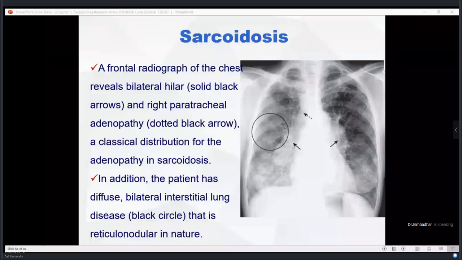See, the answer for the first patient is not sarcoidosis. The first evidence is that the lymphadenopathy is unilateral. We did not find bilateral hilar lymphadenopathy along with right paratracheal lymphadenopathy. Only if we find bilateral hilar lymphadenopathy along with right paratracheal lymphadenopathy is it stage 1 sarcoidosis.